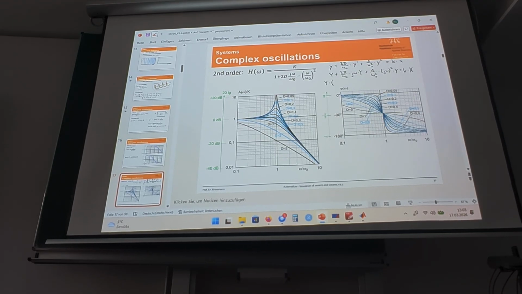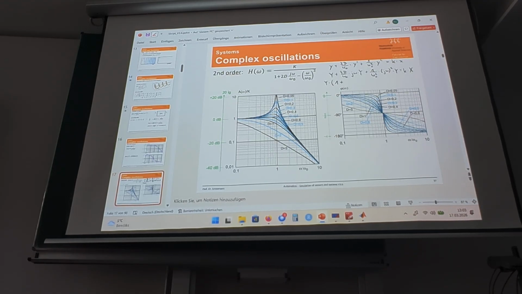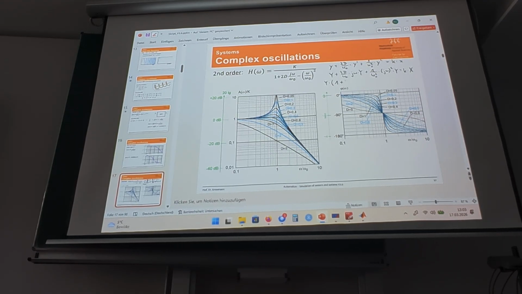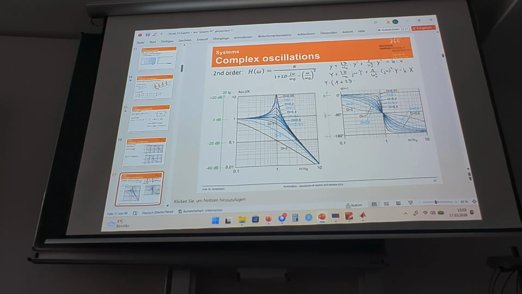So we have Y times 1 plus 2D. I write it a little bit different now, 2D multiplied with j omega divided by omega 0. And then the last term, j squared. j is the imaginary unit, you can say j squared is minus 1.